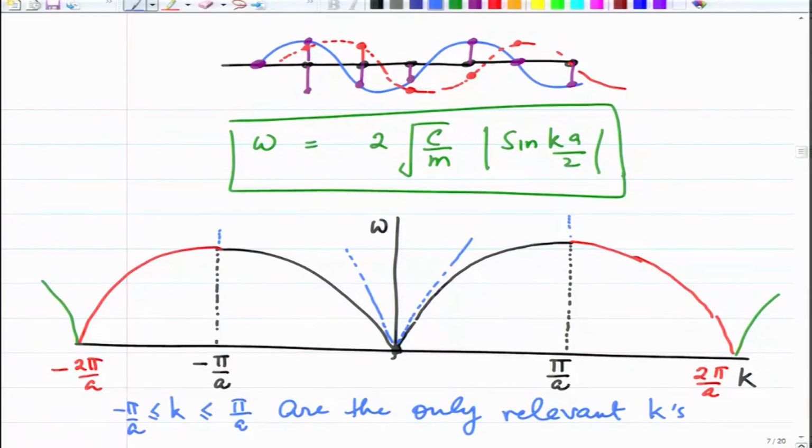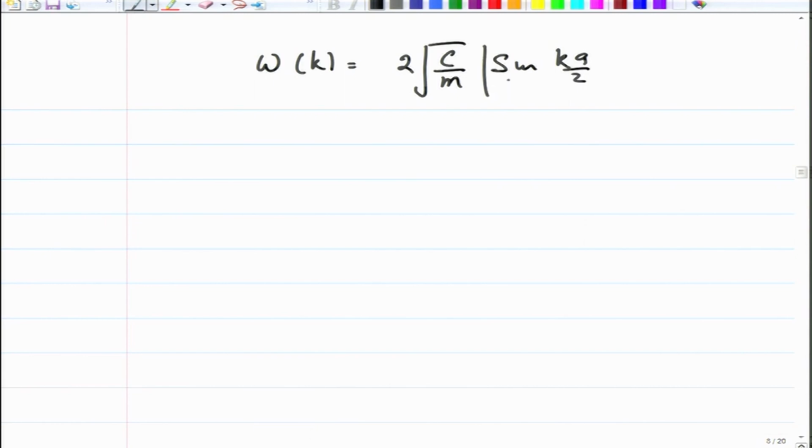Let me justify it further. See, omega does not change, but does it mean anything more? So, let me write the formula again: omega k is equal to 2 square root of C over m, sine of k a by 2 modulus.